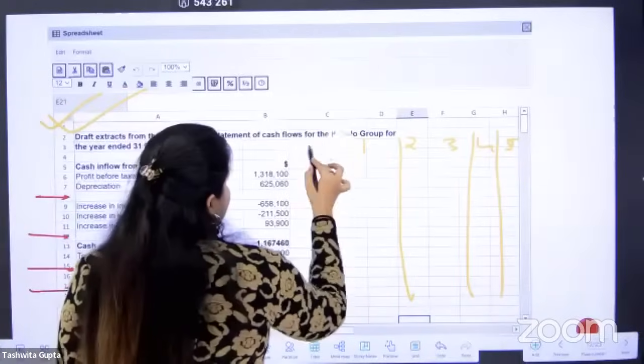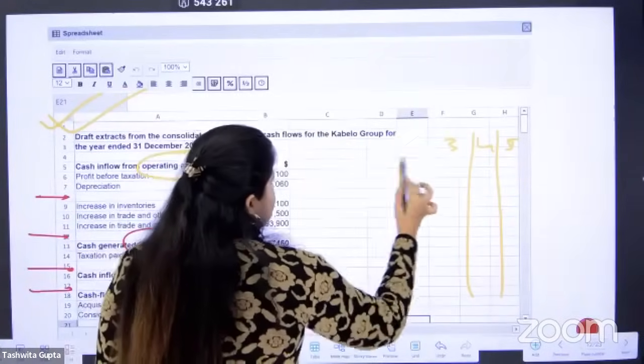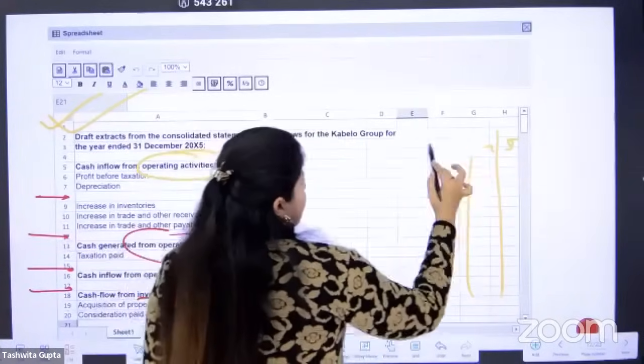If there would be anything completely missing, that completely missing point is supposed to be written over here.